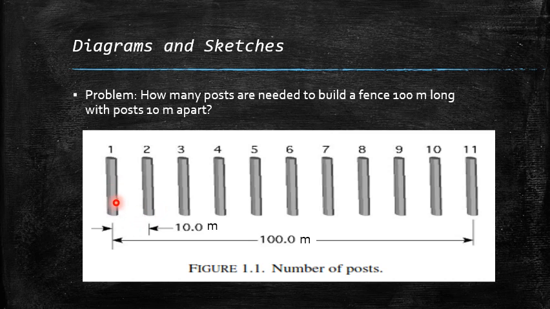The space between one post and the other will be 10, so 10, 20, 30, and we will find that we need 11 posts, not just 10, as we got when we solved it without sketching. This example shows us how important it is to sketch or diagram the problem.